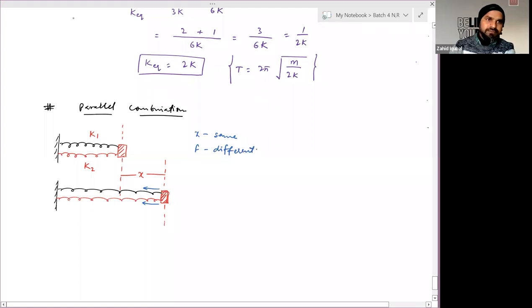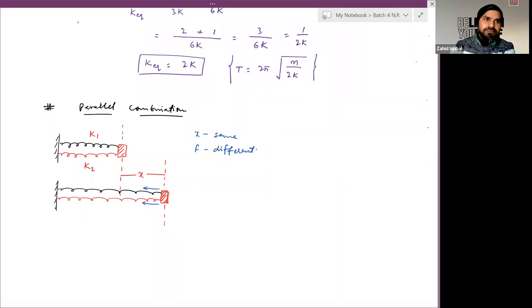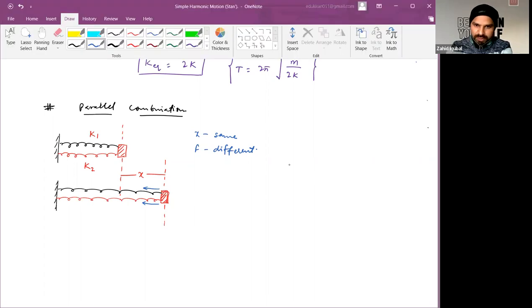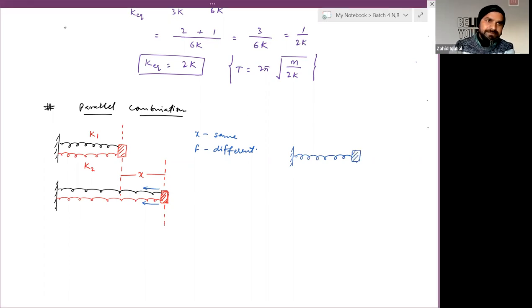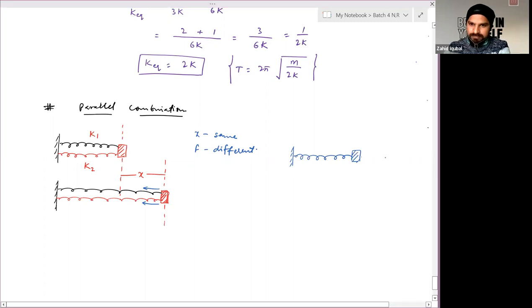Similarly, let me define another example. Let's say this is the first spring, and this is the second one.